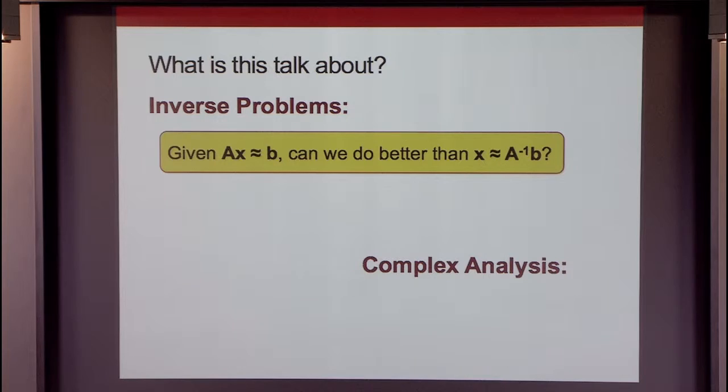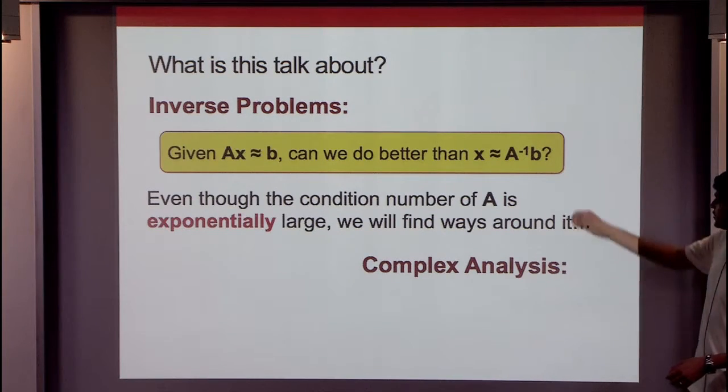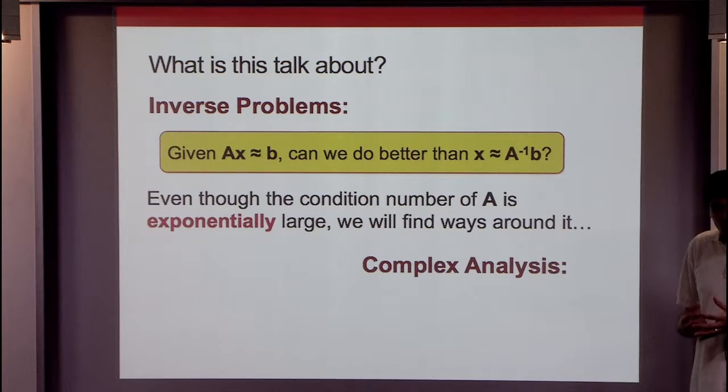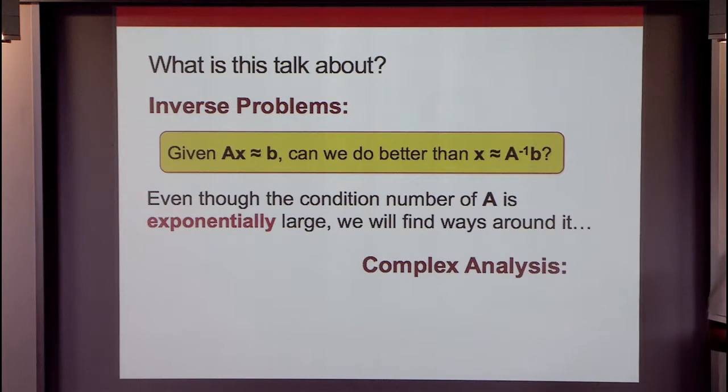If I'm taking a polynomial number of samples, I have inverse poly accuracy on the right-hand side. The trouble is that this matrix A has exponentially large condition number, so it blows up the magnitude of those errors horrendously. But the key is that we'll only be interested in some of the coordinates of x, and there'll be a way to get around solving inverse problems that moves beyond taking an inverse, that can actually do better even in the presence of exponentially bad condition number.